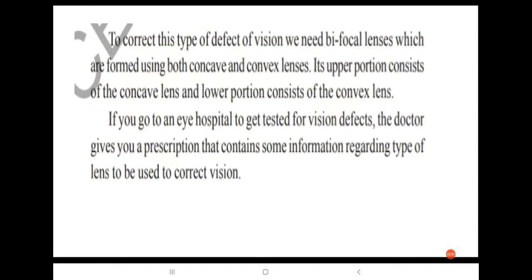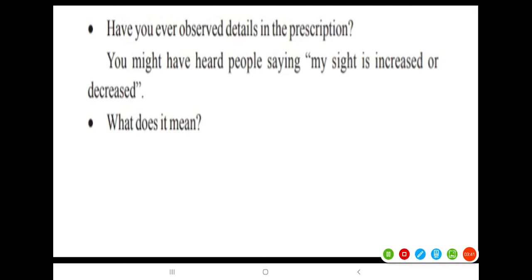Have you ever observed the details in the prescription? You might have heard people saying, my sight is increased or decreased. So, what does it mean?